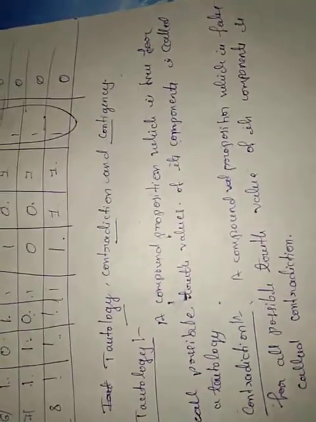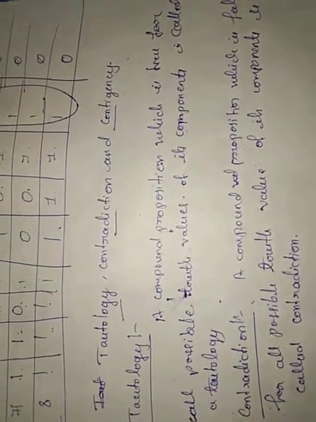For all the possible truth values, if a proposition obtains the truth value 0, false, in every case, then it is called a contradiction.